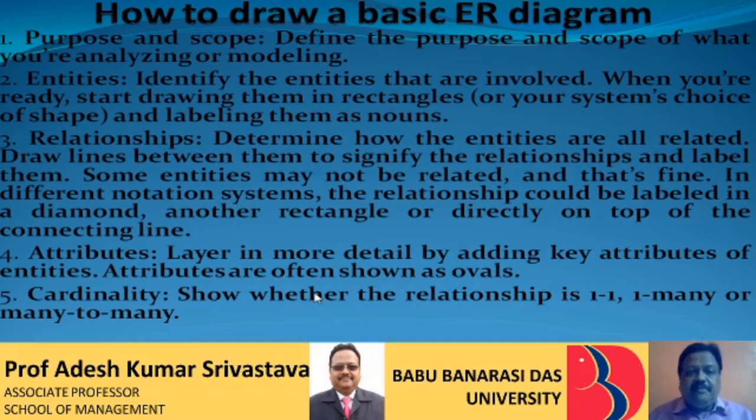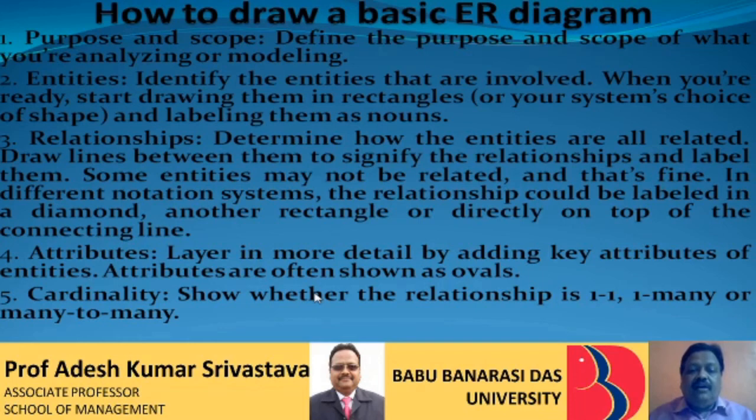Draw lines between them to signify the relationship and label them. Some entities may not be related, and that's fine. In different notation systems, the relationship could be labeled in a diagram, another rectangle or directly on top of the connecting line.